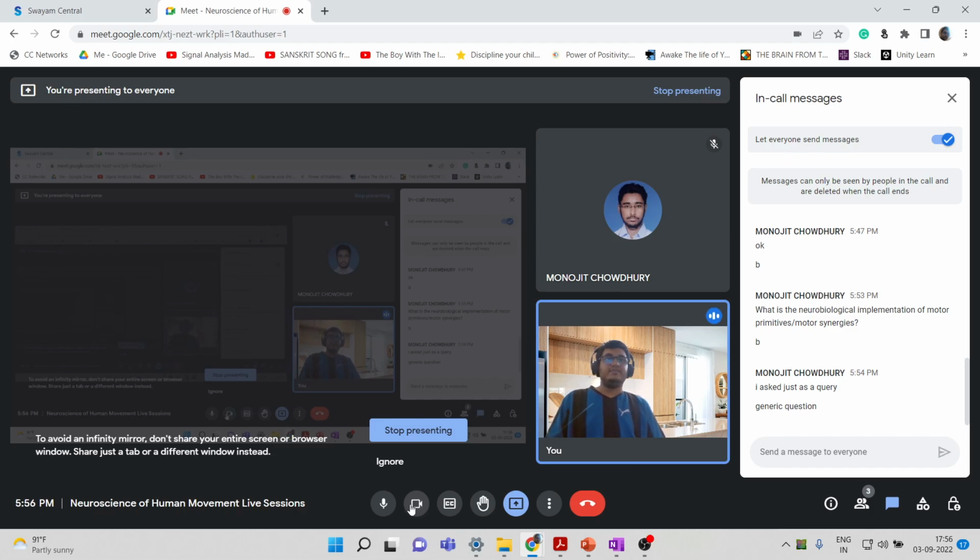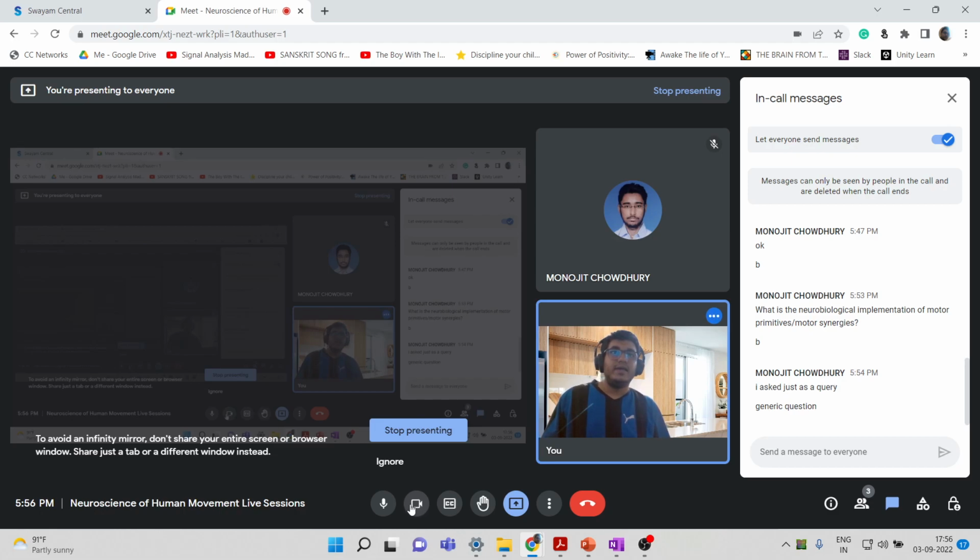How exactly does the synergy happen? What are the mechanisms and strategies that the brain employs to coordinate these activation patterns? This is actually an area of research. This is what I understand when I talk about motor synergies.